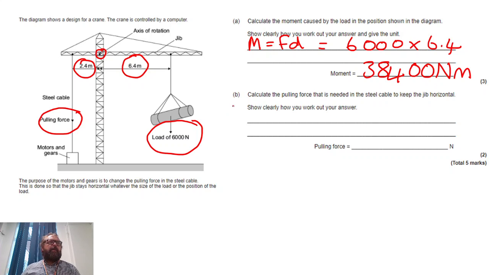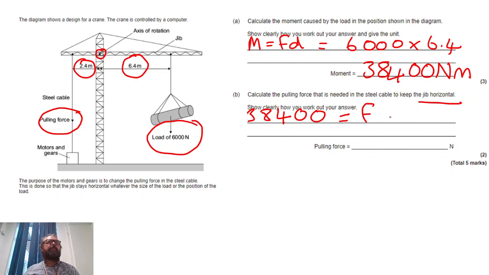We're being asked in part B to calculate the pulling force that is needed in the steel cable to keep the jib horizontal. So if this is true, we know that the anti-clockwise moment and the clockwise moment caused by the forces either side of the pivot have to be the same. So we know that the force, however big it is, is producing a moment of 38,400.